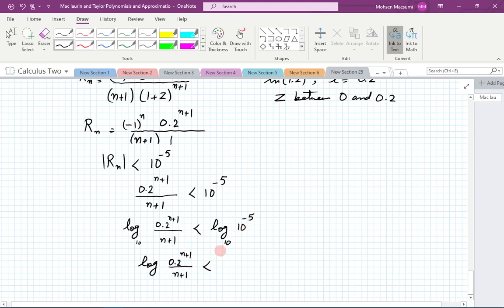Do you remember what that is? That's of course just minus 5. So we did all of this so that instead of dealing with a small number like this, I have an easy to see number like minus 5. So now I can go ahead and use decimals to solve this inequality.